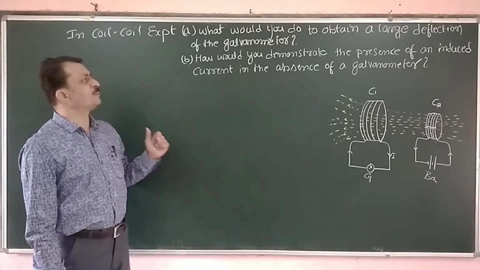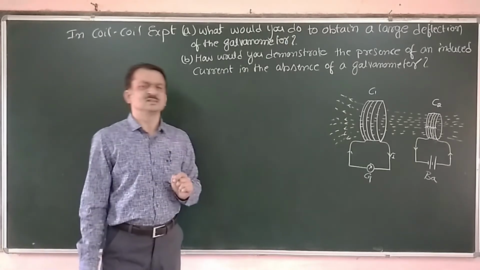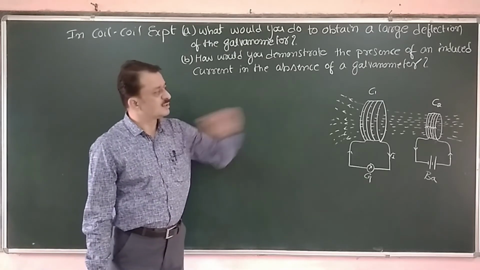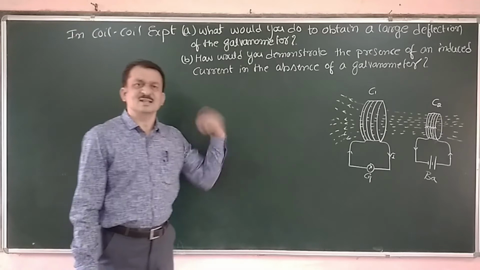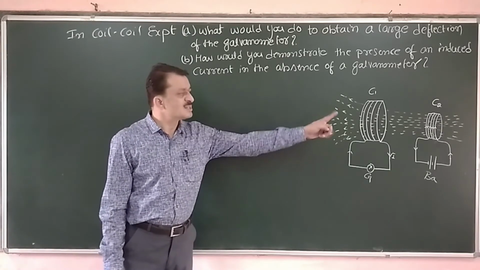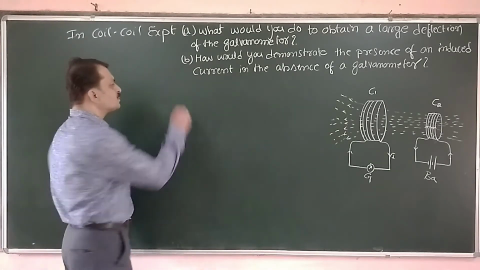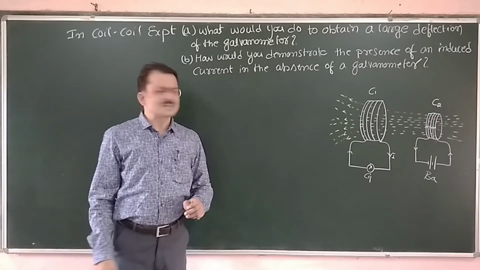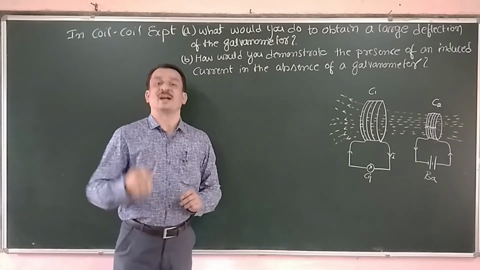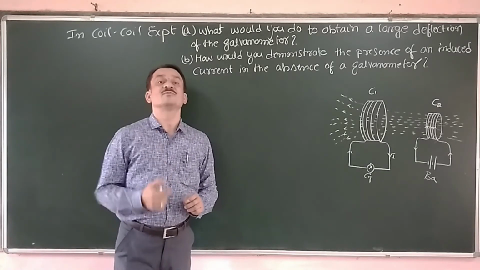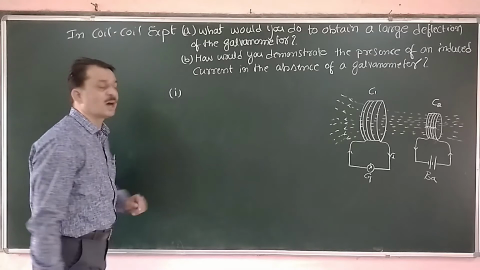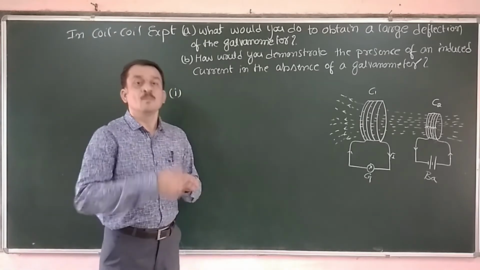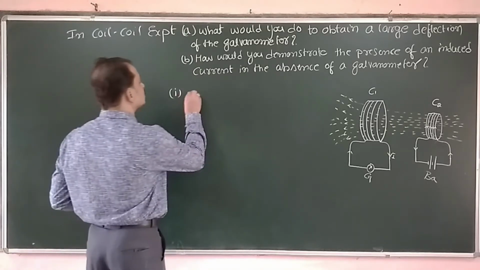The first part is very simple, as we have said earlier. How can we increase the current in that coil C2 and hence the magnetic field in the coil C2? The first method we are already familiar with. If I assume that the second coil looks like a solenoid, now take the idea of the solenoid. In the case of a solenoid, how can we increase the magnetic field inside it? By having more number of turns.